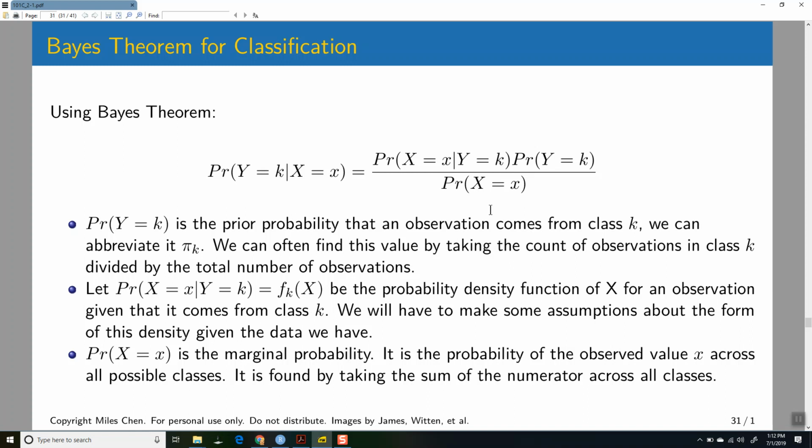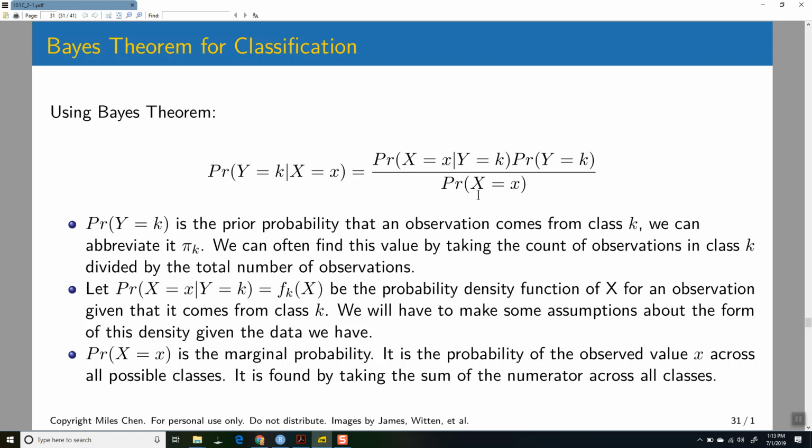And then lastly, in the denominator, we've got the probability of X equals x. This is what we call the marginal probability in Bayes' rule. The purpose of the denominator is to make sure that the whole thing is a probability, which means it has to be between 0 and 1, and if we add up across all possible values, they add up to 1.